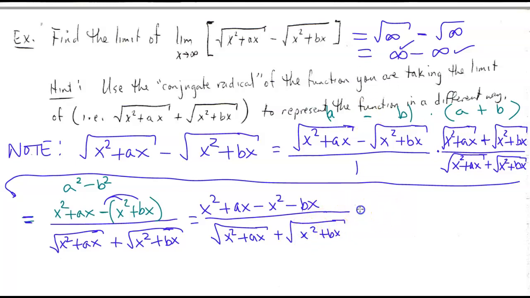And of course here, the x squared minus x squared, all that's going to cancel to 0. And here I just have ax minus bx, and I'm going to rewrite it as a minus b and just factor out the x here. And then just write the denominator the same way.